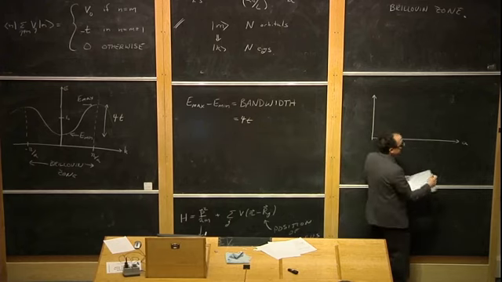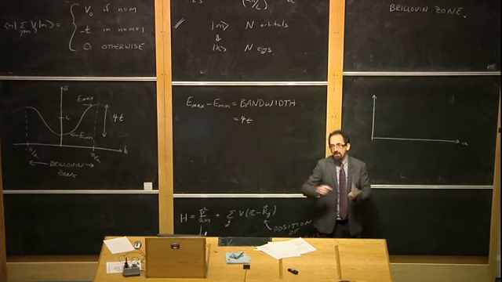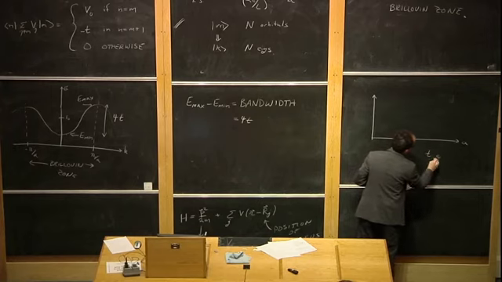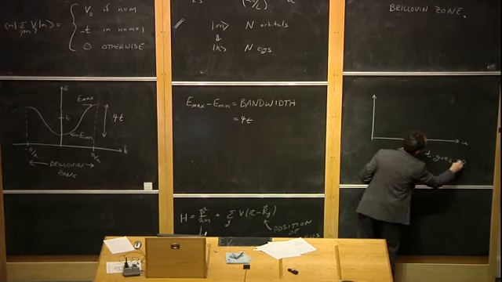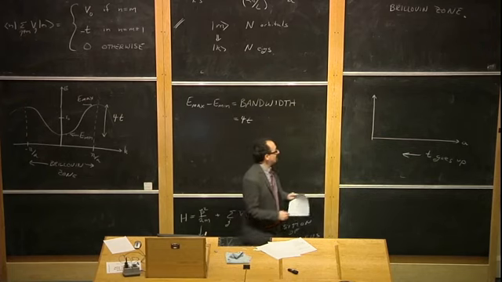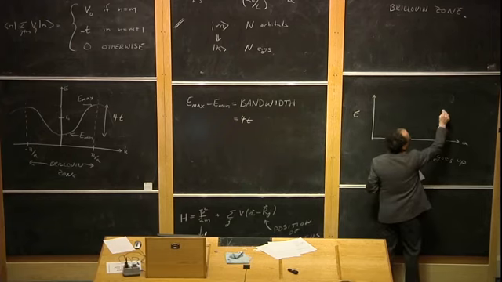As the distance between the nuclei goes up, the hopping naturally goes down. It's harder to hop over a longer distance. So t goes up going this way. Good? People happy with that? Okay, and then energy is going to be this way. And then we can draw a picture that kind of looks like this.